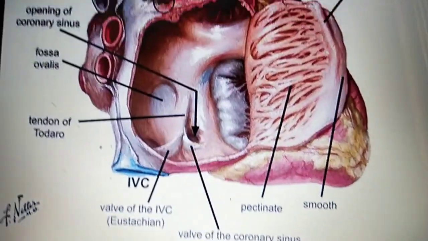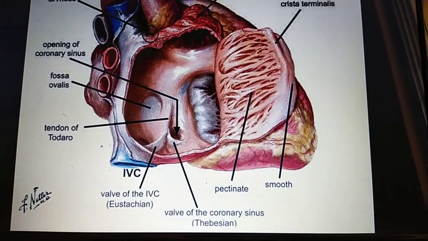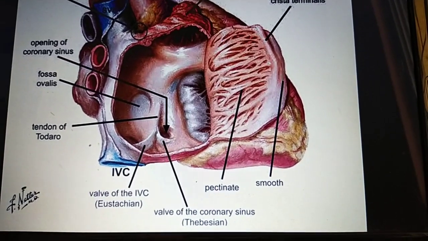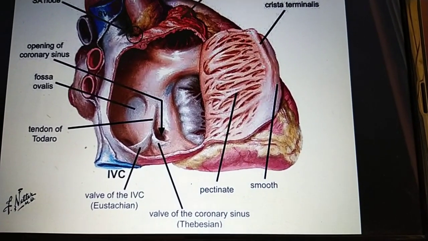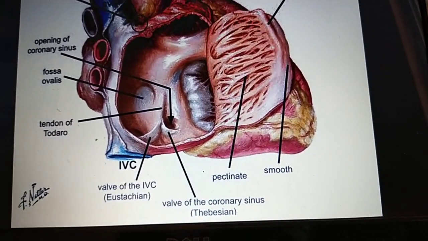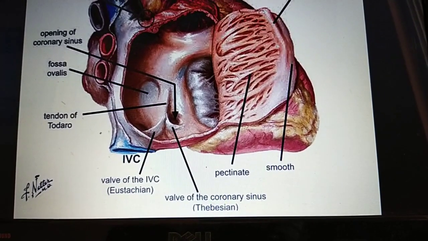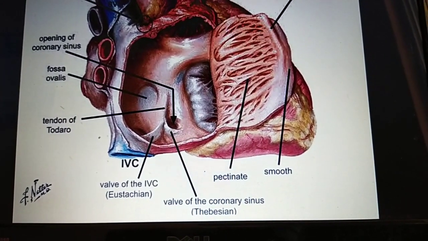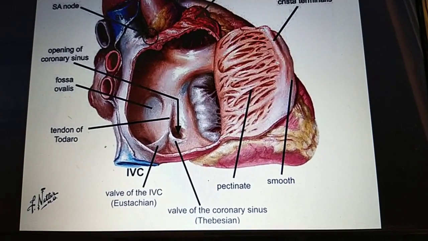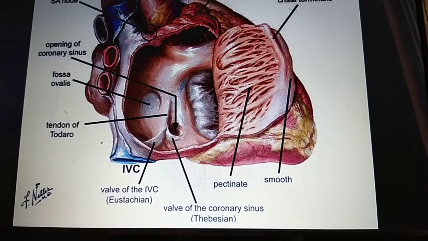The coronary sinus is a venous system, a vein that drains the whole deoxygenated blood of the heart. It is a collection of veins joined together to form a large vessel that collects the blood from the heart muscles, and then it delivers the less oxygenated blood to the right atrium.